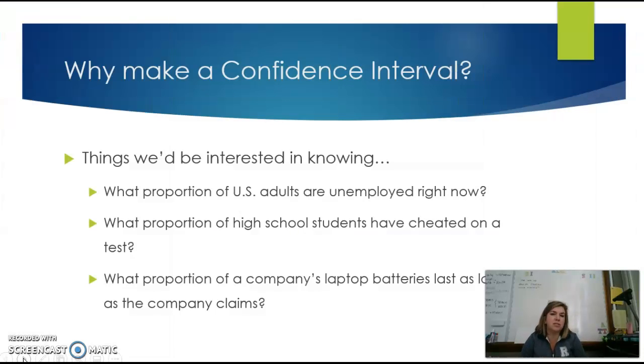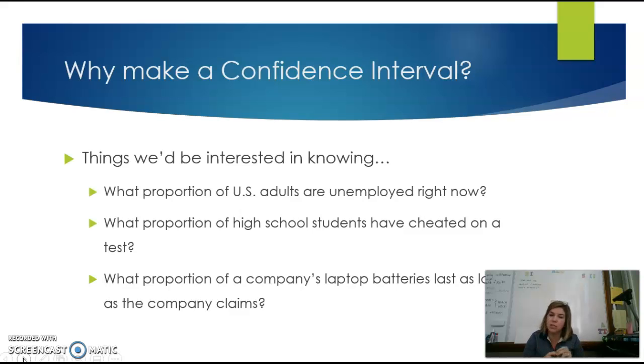So why would we be interested in a confidence interval? As we've talked about, it is very challenging to get an exact number for a population. Unless we survey every person we could possibly want to know about, we would not be able to find what the true parameter is.